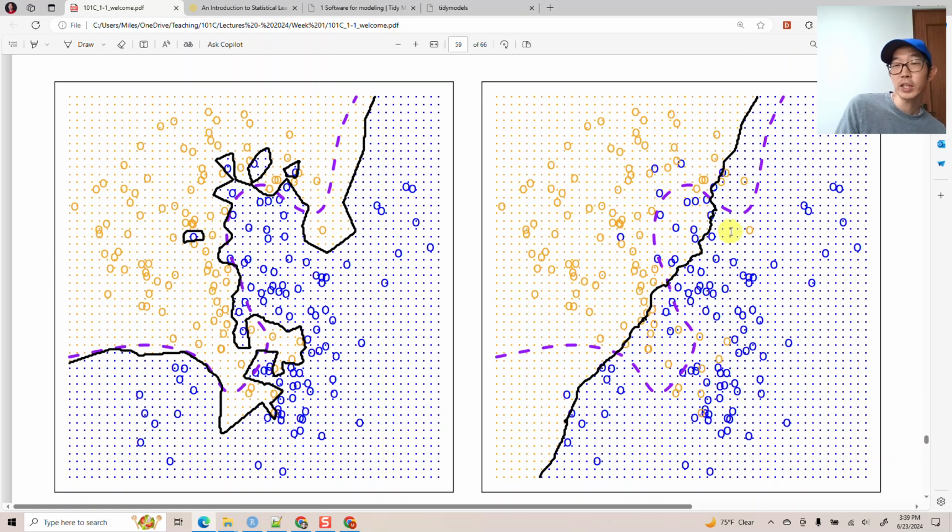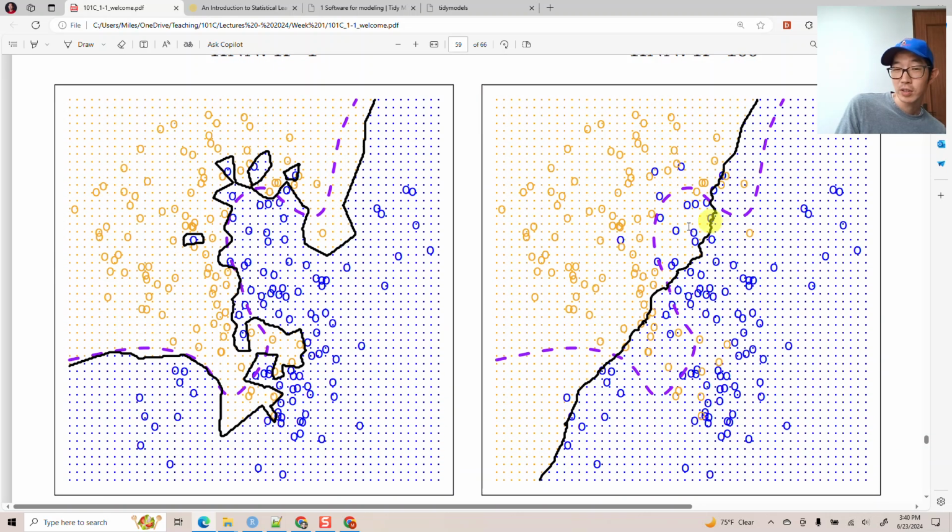Over here with k equal to 100, we pick a dot and we ask, what are the 100 closest observations? Apparently, on this side, out of the 100 closest observations, you're probably going to get something like 51 orange and 49 blue, and so this gets colored in as orange. Over here, you probably get 51 blue and 49 orange, and so these get colored blue.